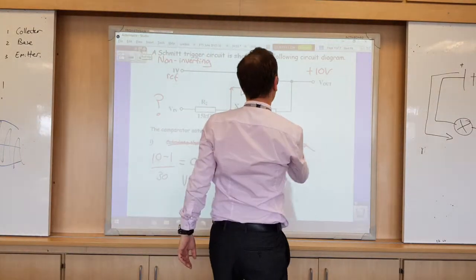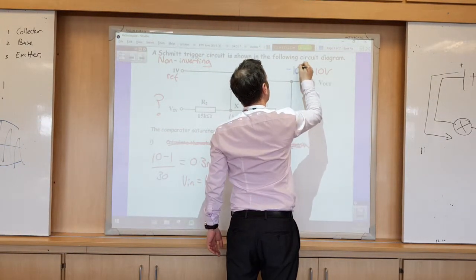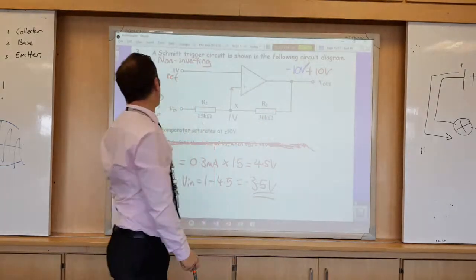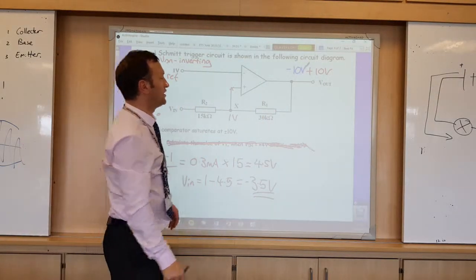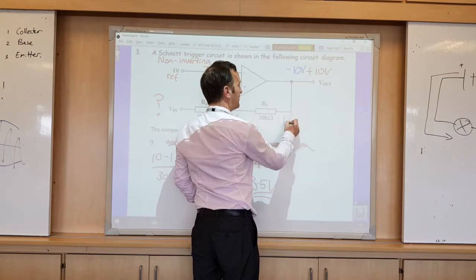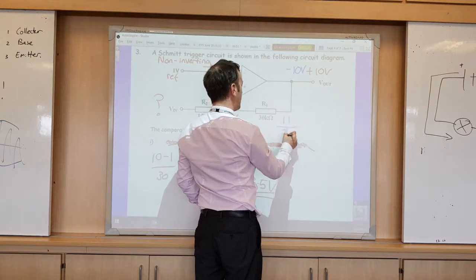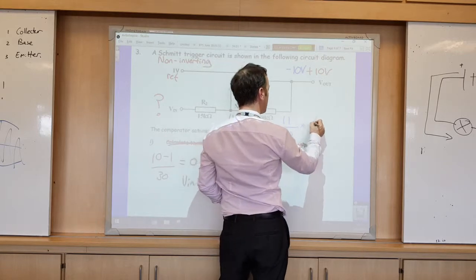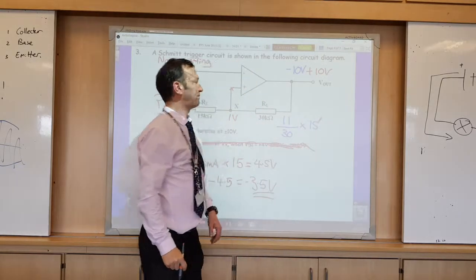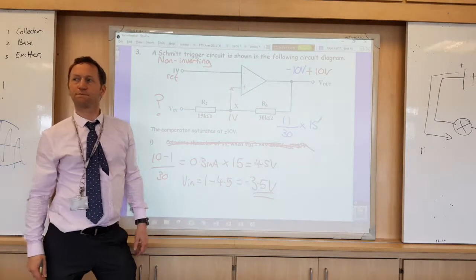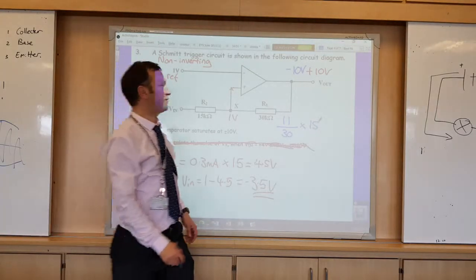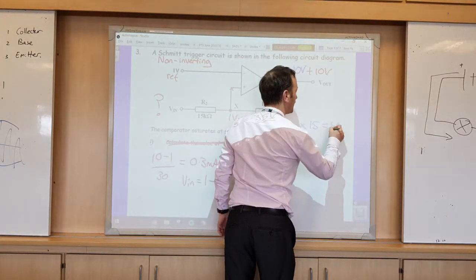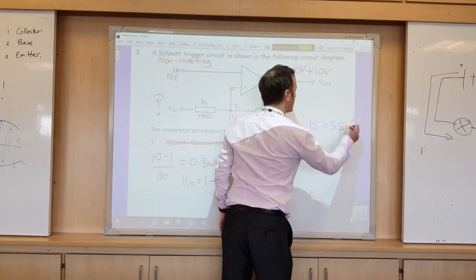Now we've got this one saturated at, say, minus 10 volts. So this time we've got minus 10 to 1, so 11 volts divided by 30 times 15. What's that? 5.5 volts. See what I've done there? Shortcut.